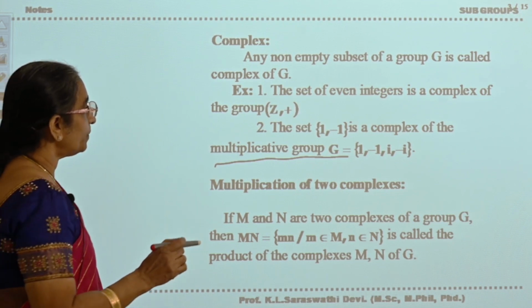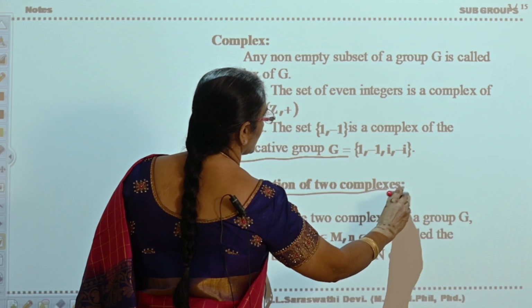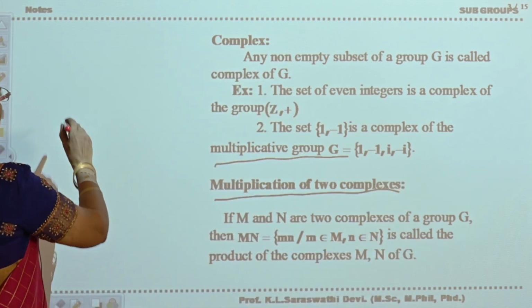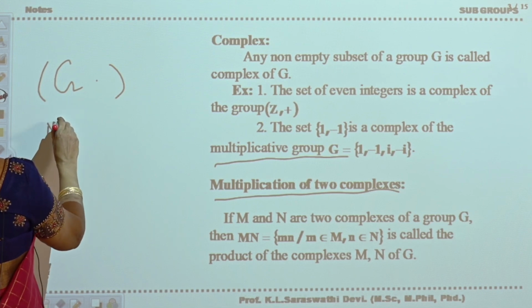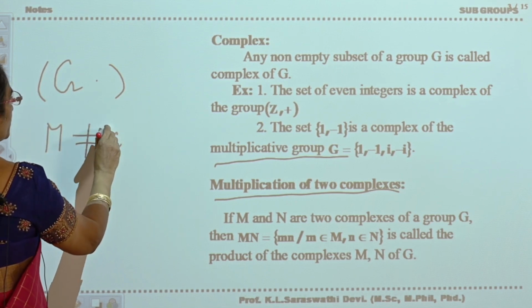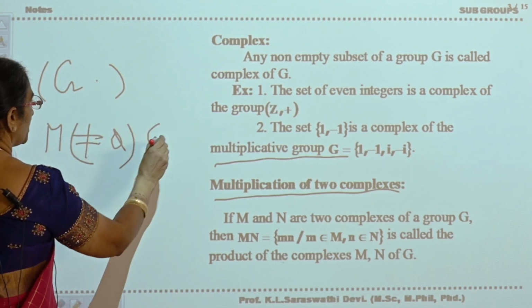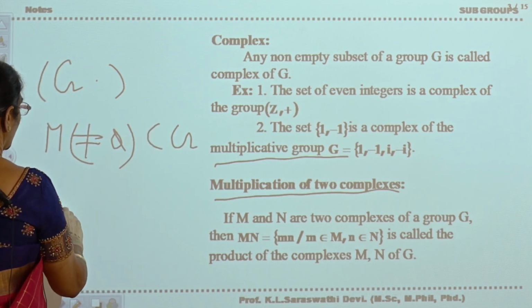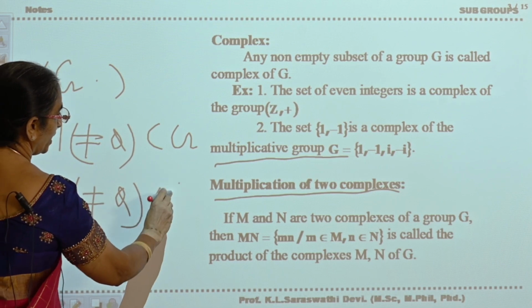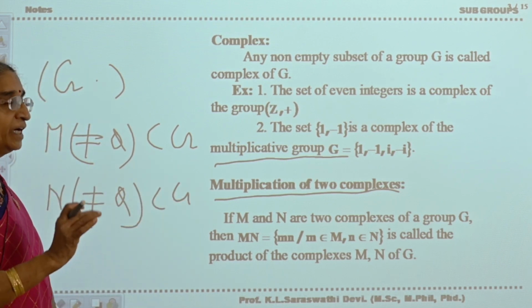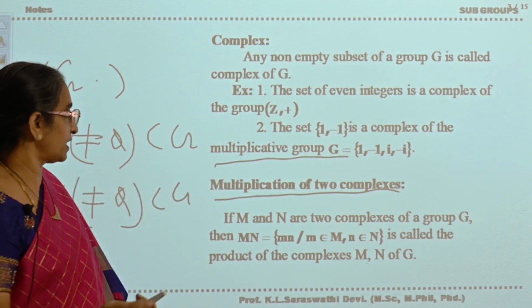Next, multiplication of two complexes. Suppose G dot is a group and M is a non-empty subset of G, and N is also a non-empty subset of G. Then how do you define the product of two complexes MN?